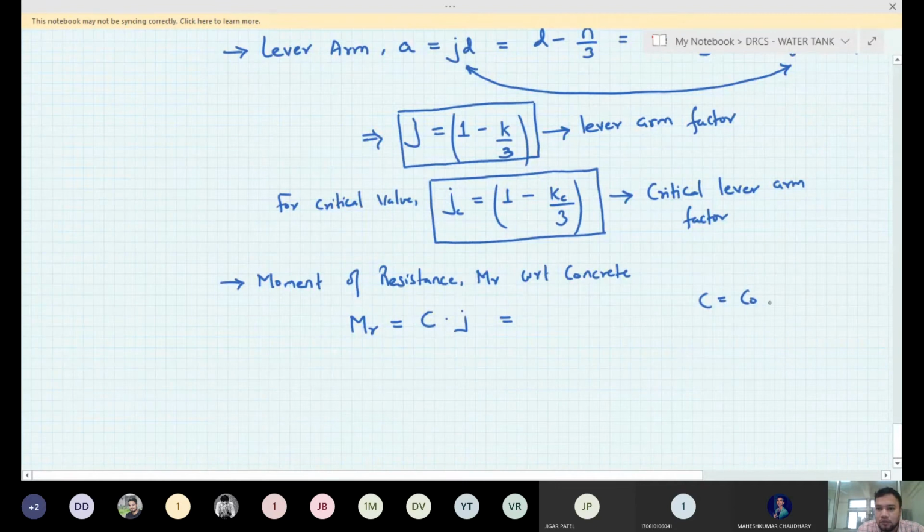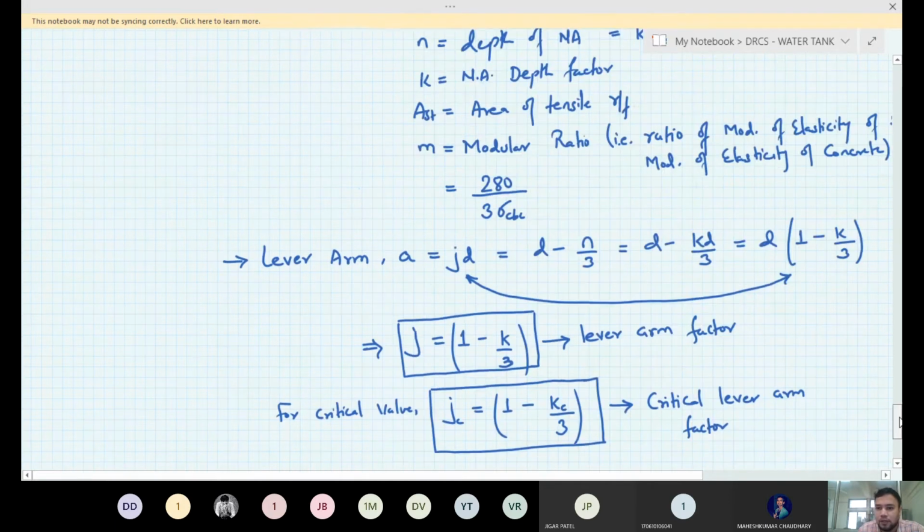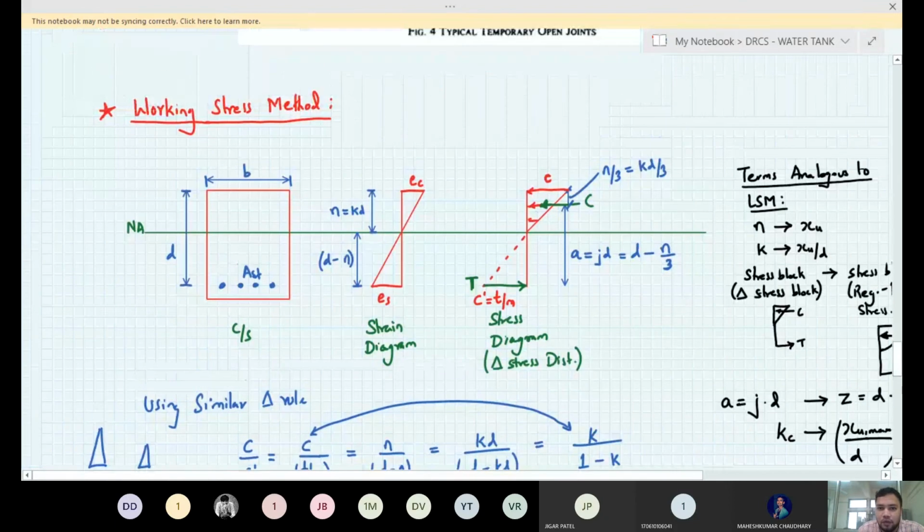C is the compressive force in the compression part of the stress block. It is equal to the area under the stress block multiplied by the width of the section. The area under the stress block will be 1 by 2 base into the altitude, times the width.